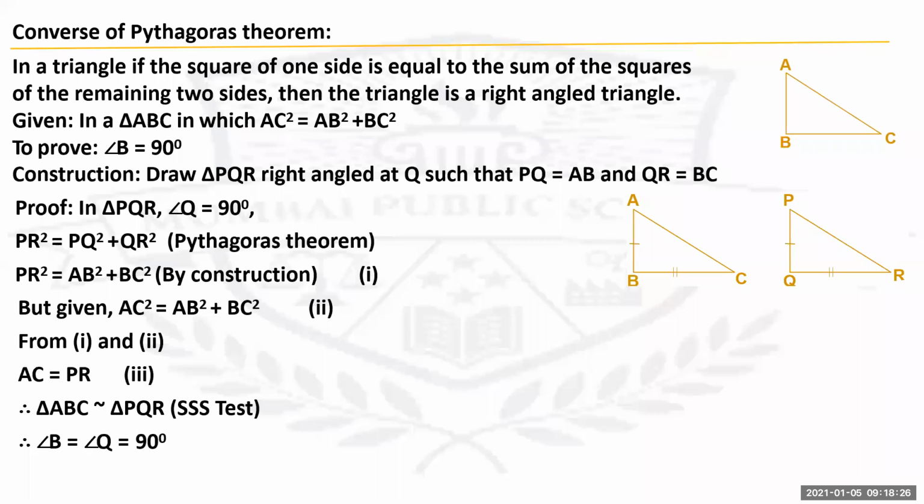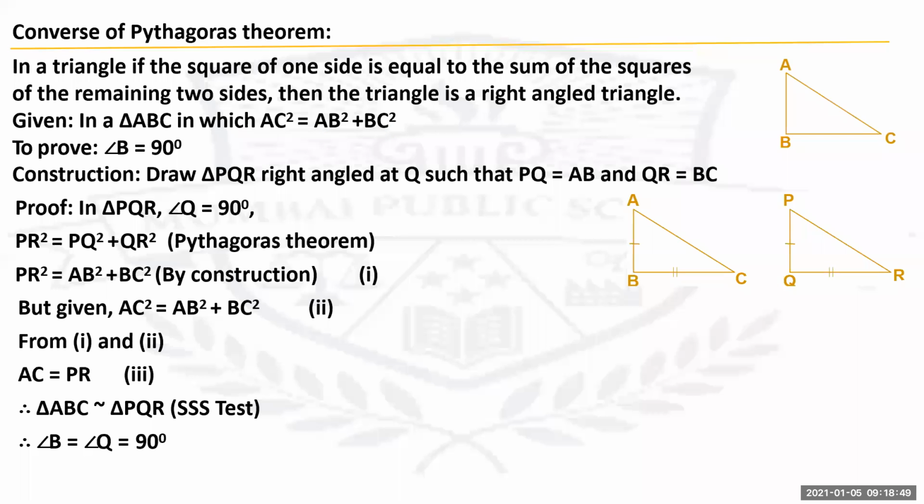Next proof is regarding the converse of Pythagoras theorem. In a triangle, if the square of one side is equal to the sum of the squares of the remaining two sides, then the triangle is a right angled triangle. Given in triangle ABC, AC square equals AB square plus BC square.